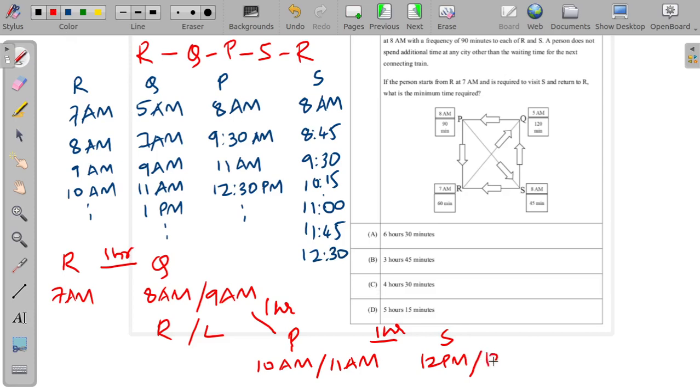So it's 12:30 p.m. I'll leave and finally reach R after 1 hour at 1:30 p.m. So 7 a.m. to 1:30 p.m. that is 6.5 hours. So option A is the correct one.